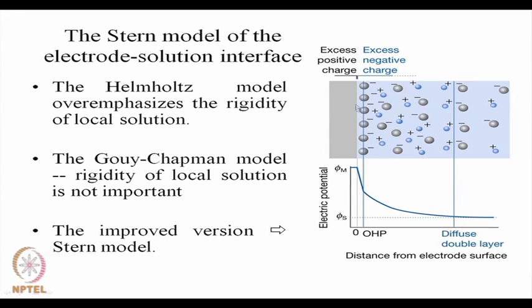Local structure means here they are thought to be very rigid, they are not at all mobile, there is not much rearrangement happening. But the Gouy-Chapman model, since it is a diffuse kind of thing, the rigidity of local solution is not that important.